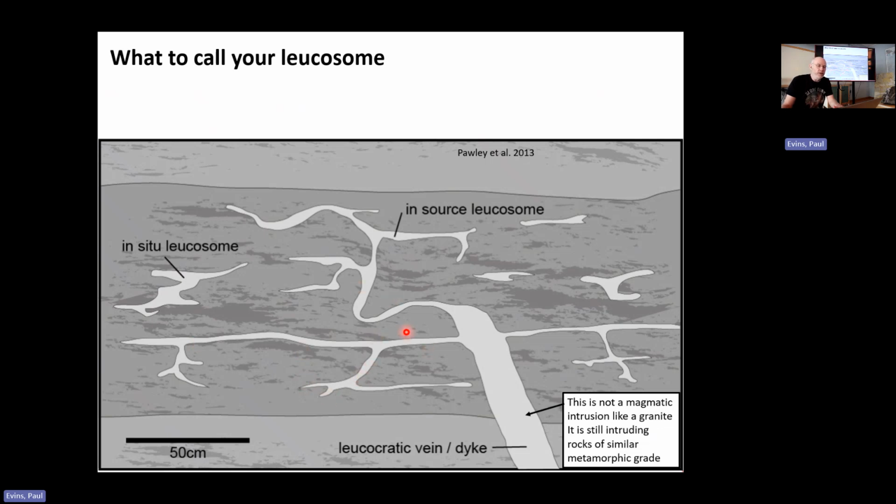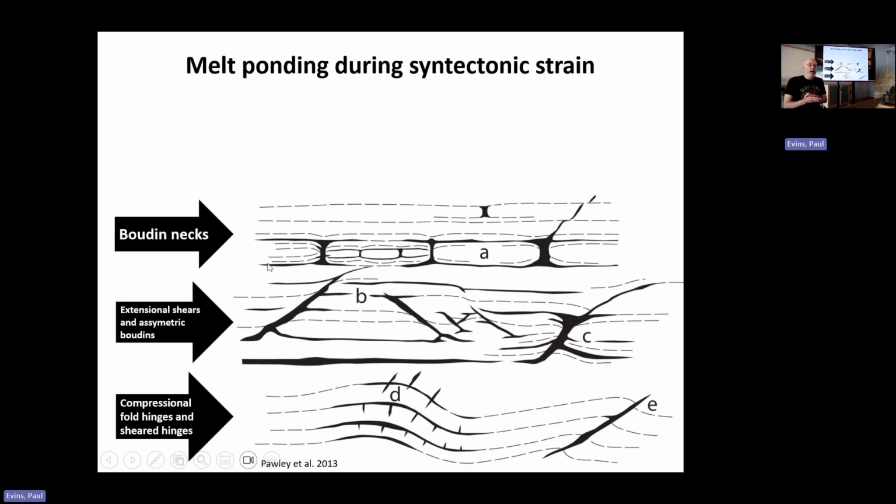And then we have something called a leucocratic vein or dike. That is coming out of the source layer, but still in the same metamorphic package. The only thing that differentiates these dikes from a magmatic rock is that we're still in our package of similar metamorphic grade. So it's not quite a granite yet, but it's on its way. If it gets far enough out of there, it will be, in case you're wondering.